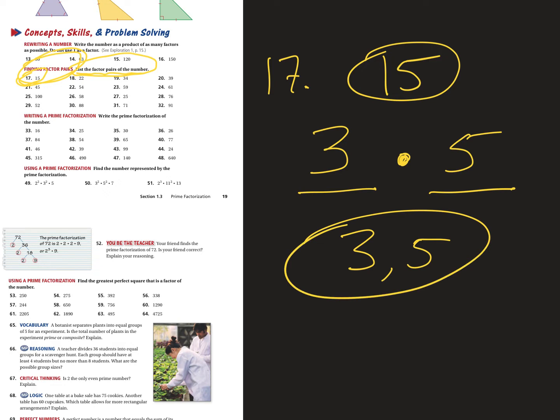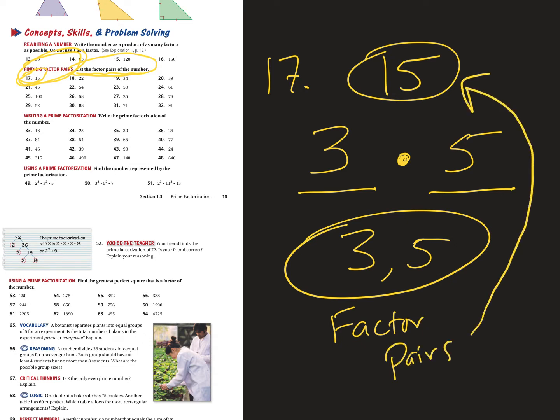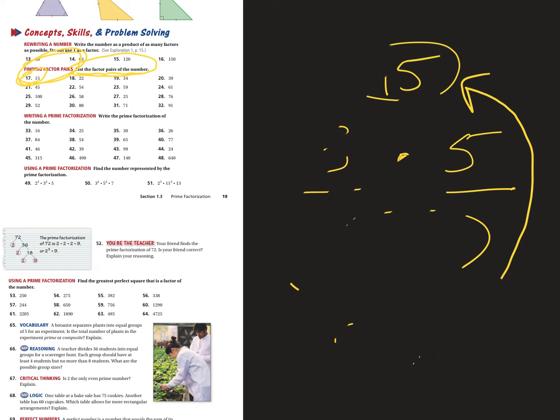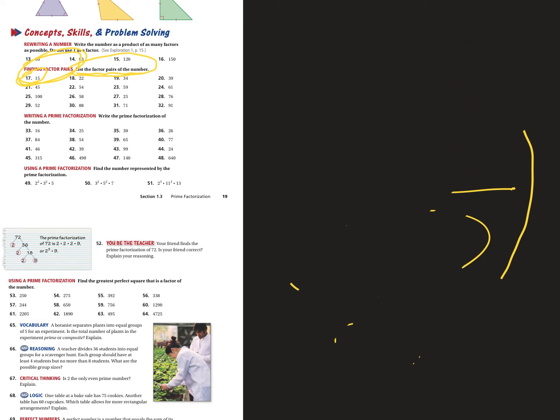So 3 and 5 are factor pairs for the number 15. That's pretty simple. What you're going to do is look at all those numbers and figure out what two numbers you can multiply to give you the number that is listed.